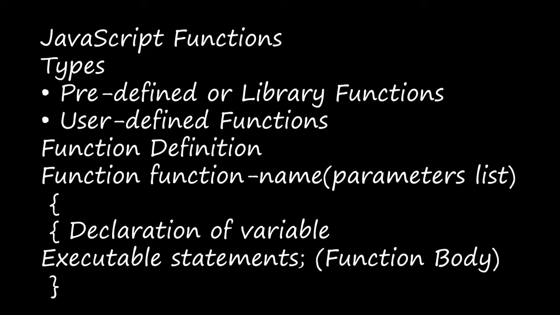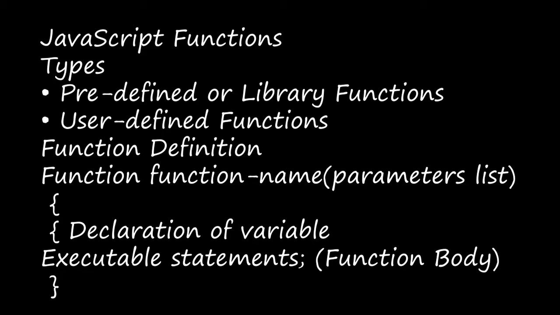Function name must be a valid identifier, right? That means it can be sum or add, like that it must be an identifier. The parameter list contains one or more valid variable names, and if you have more than one parameter, you have to separate each variable by using commas.